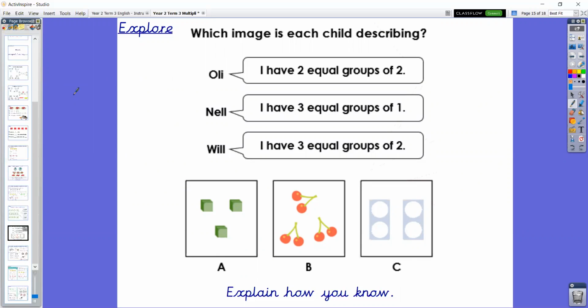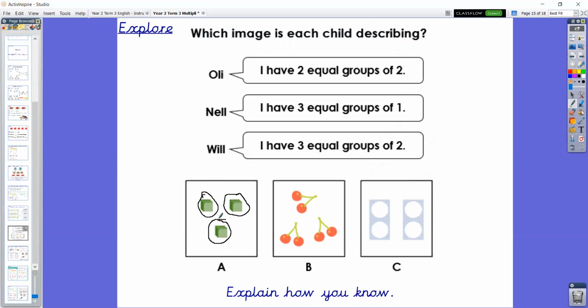Well done. So let's have a look. Ollie says, I have 2 equal groups of 2. Okay, so there needs to be 2 equal groups first of all. Let's have a look at A. There is 1, 2, 3.